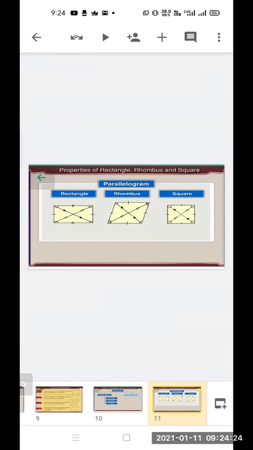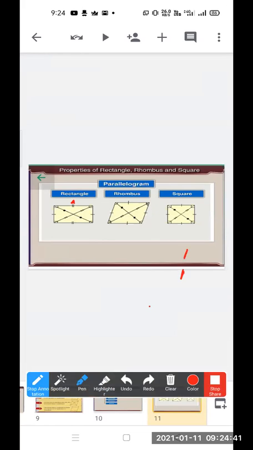Why are they parallelograms? Look at the figure: you can see that their opposite sides are congruent in all three quadrilaterals. Here also you can see opposite sides are congruent, and in rhombus also opposite sides are congruent.